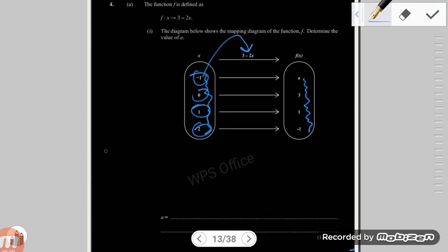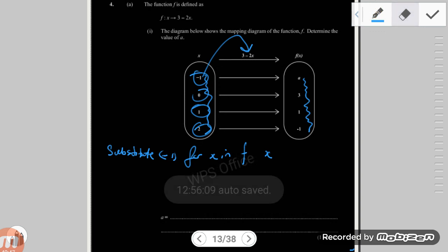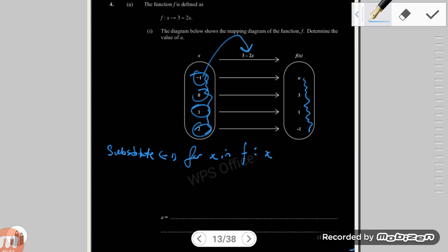So that's going to be to substitute -1 for x in f at x. Alright, so we're going to do that.